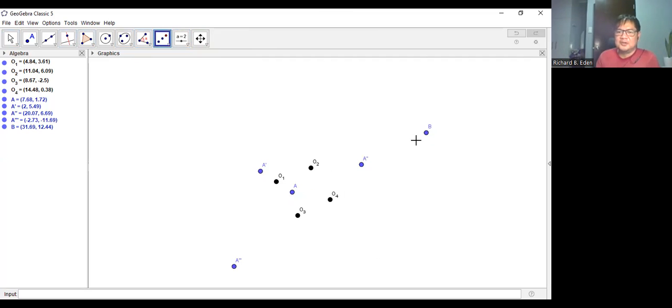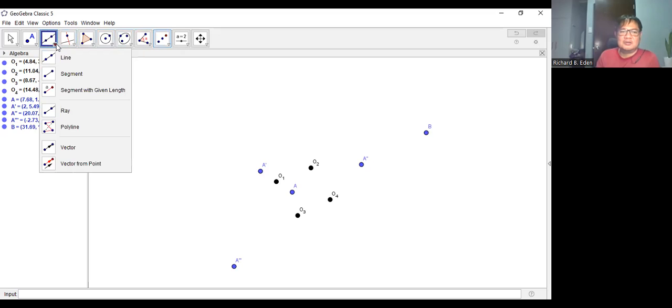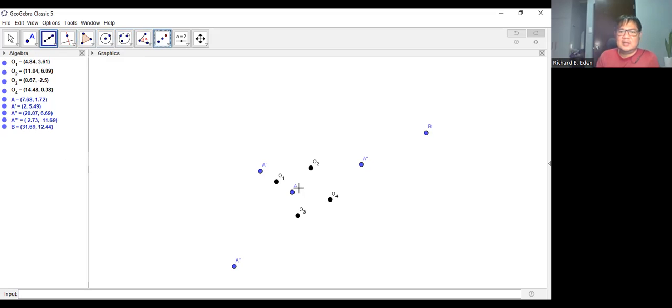Observe that A to B is the result of the first set of half turns. Let's draw the vector, just so we could visualize.